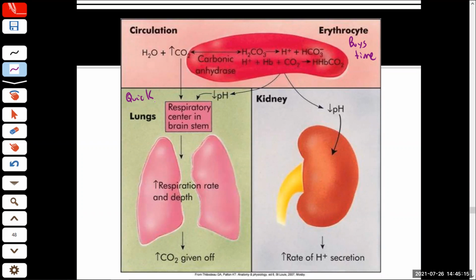Quick fix. And then your kidneys. Once the urine is in your bladder, unless you're Bear Grylls, are you getting it back? Okay. So I'm going to say more long-term.